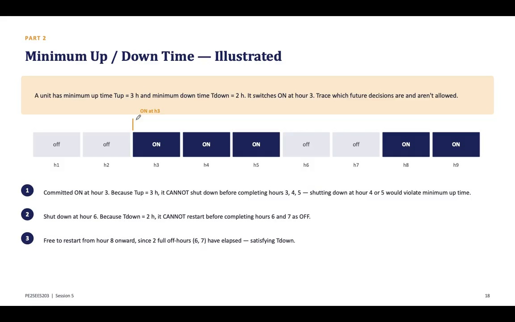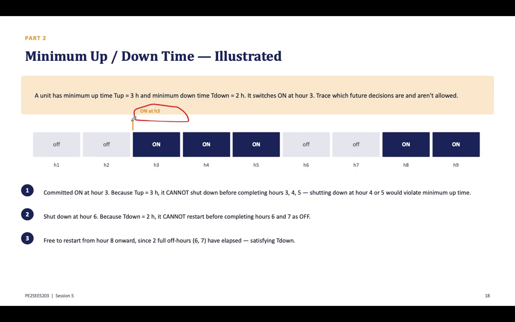Yeah, as you can see here, with this line. And minimum uptime is 3 hours. Therefore, the commitment beginning at hour 3 creates an obligation to remain on through hours 3, 4, and 5. So the shutdown at hour 6 is the first permitted off transition after satisfying the minimum on duration.